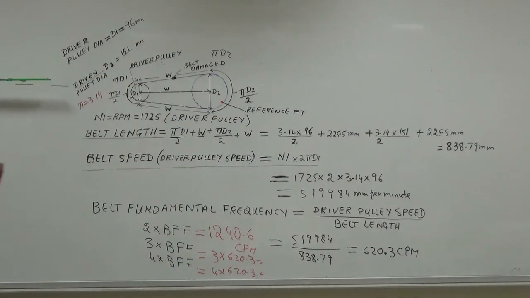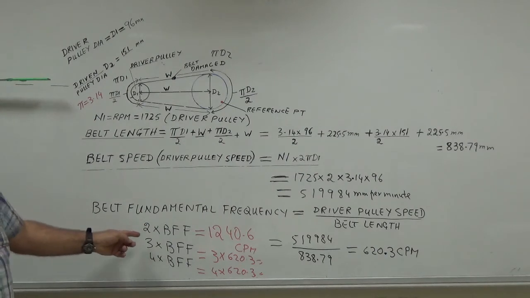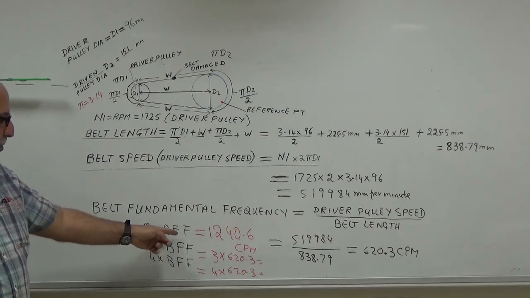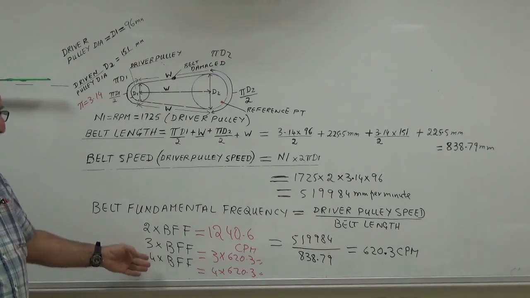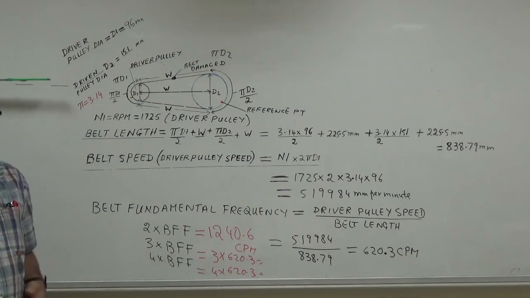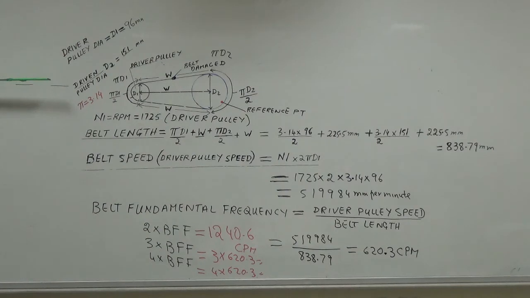So in this way you can calculate the belt fundamental frequency, and when you see these frequencies, the fundamental frequency or 2 times the belt fundamental frequency or 3 or 4 times, it means that the belt is damaged. So that was all about the benefit of this frequency to find faults in the machine.